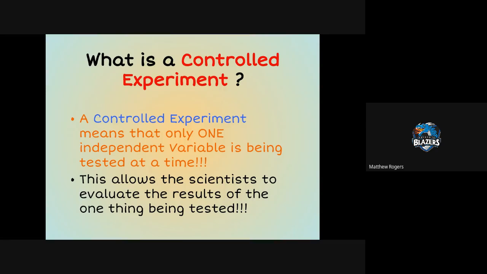So a control experiment is when there is one independent variable being tested at a time. We're only changing one thing about the experiment. We want to limit how much we're actually doing. So going back to the plants listening to the music analogy, if I'm trying to see which music changes the plant growth the most, and I also water them differently and give them different amounts of light and treat them differently, I'm really not proving anything.